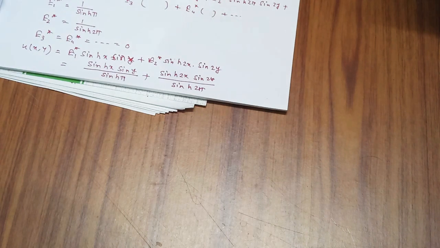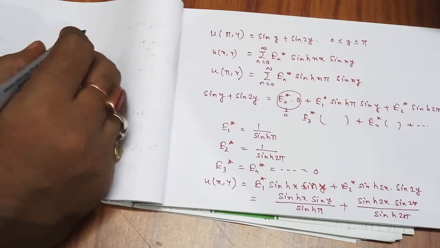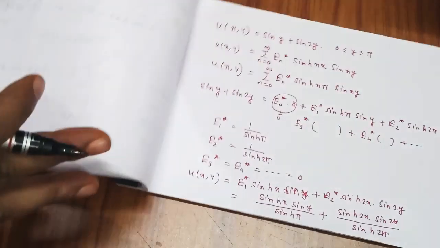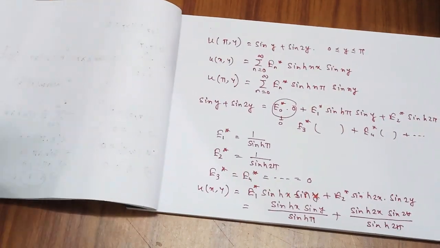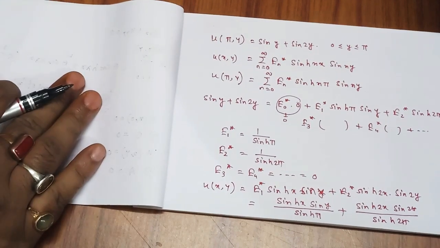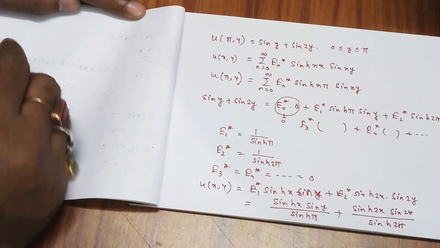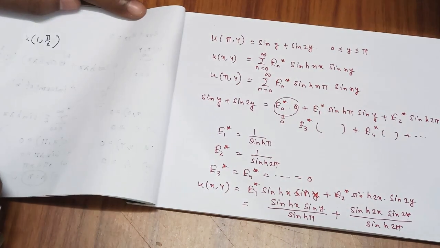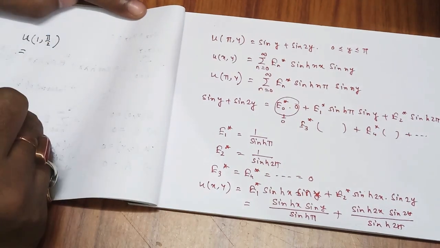First of all, in option 1, they are claiming something. For your comfort, I am dealing with the options here. The first option says u(1, pi/2). What will be the value?